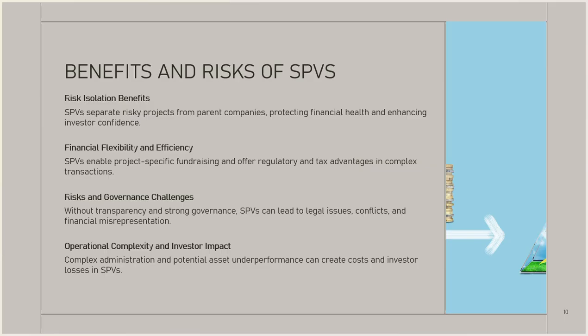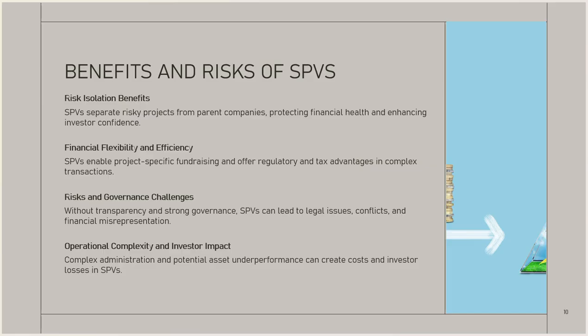The special purpose vehicle enables project-specific fundraising and offers regulatory and tax advantages in compliance strategies. It collects funds from public sources, manages that fund, invests it in infrastructure or different kinds of projects, and collects the interest and principal from there. That is the structure and the benefit of the special purpose vehicle.